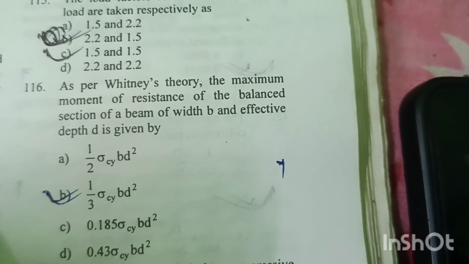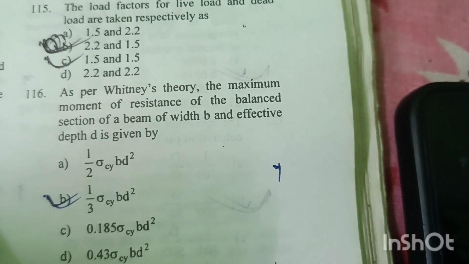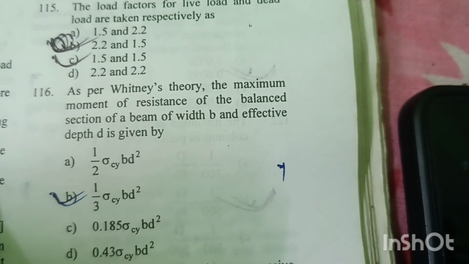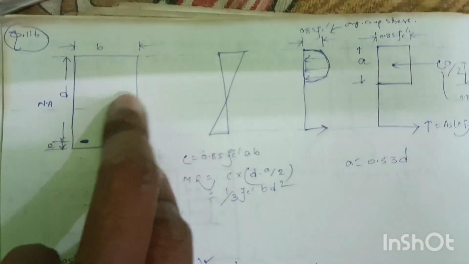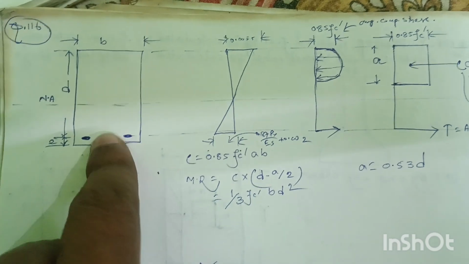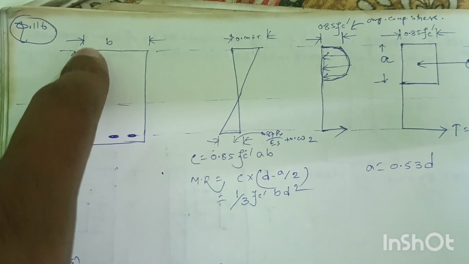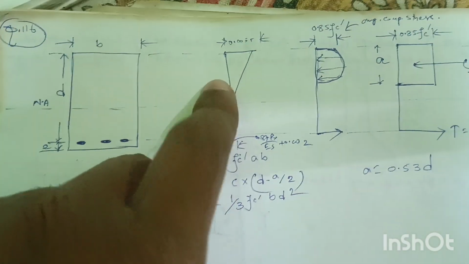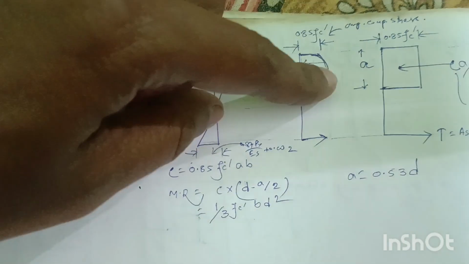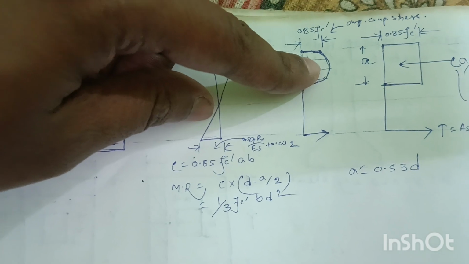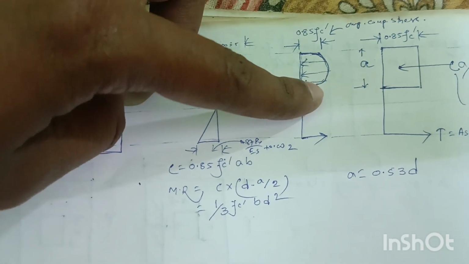Question number 116. As per Whitney's theory, the maximum moment of resistance of the balanced section of a beam of width B and effective depth D is given by. Suppose this is the rectangular RCC section of width B and effective depth D. This is the strain diagram, and this is the actual stress diagram by Whitney's theory, a parabolic stress diagram.